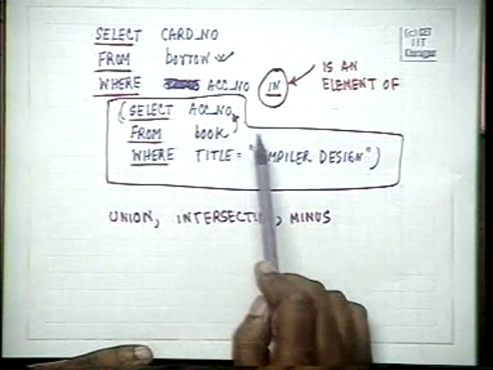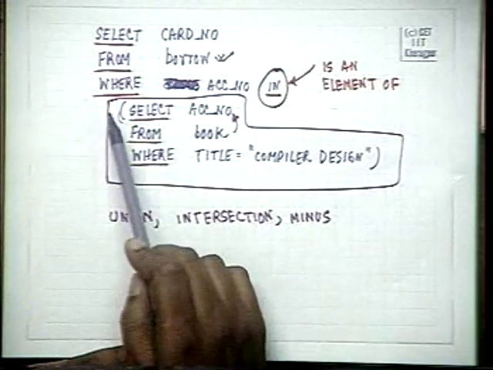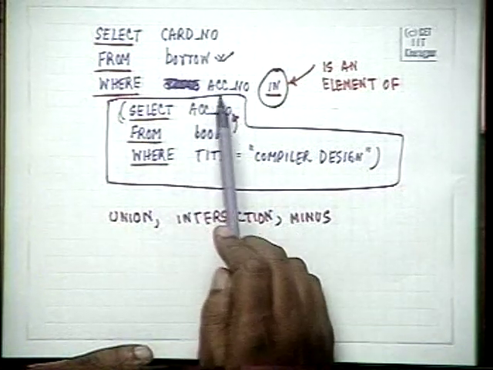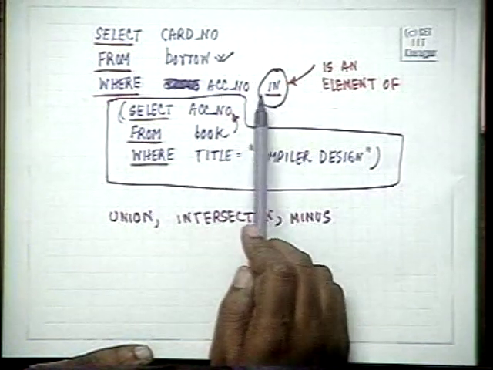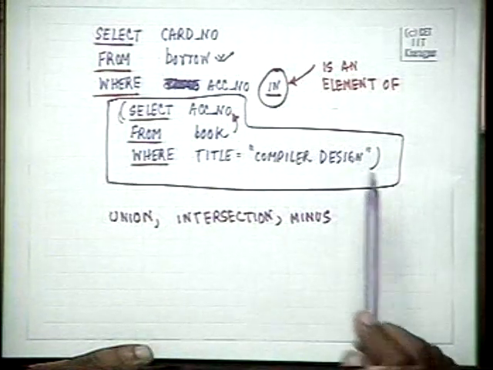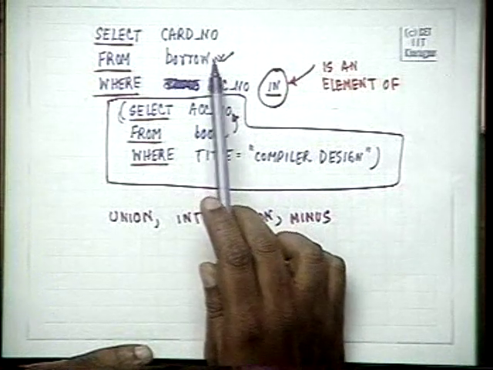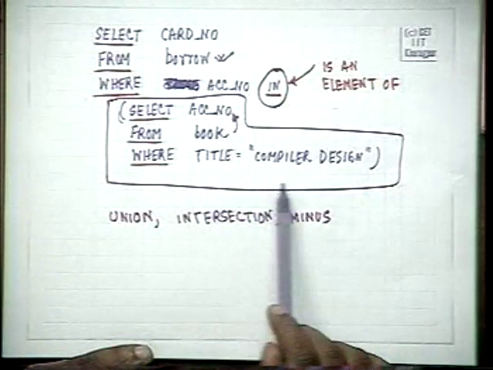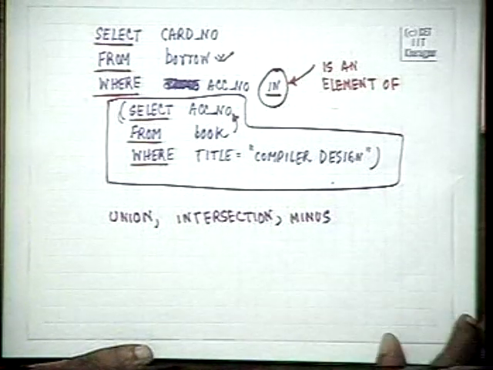This will give you the accession number of all books which are compiler design. This will give you card number from borrow such that the accession number is in this set. Together, this query will give you the card number of those people who have borrowed a book related to compiler design.